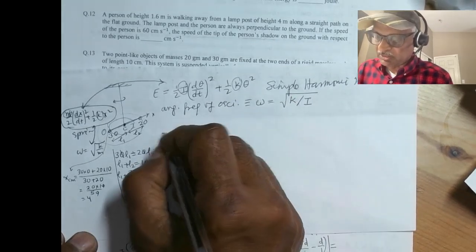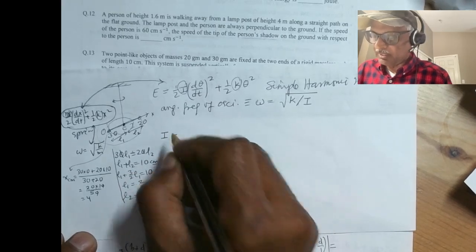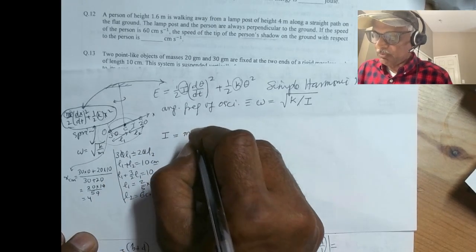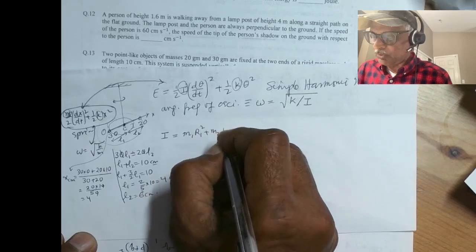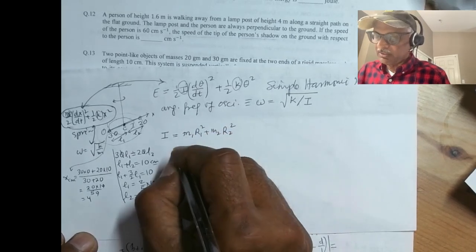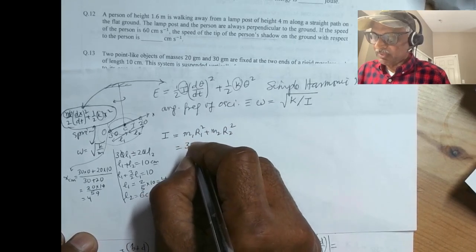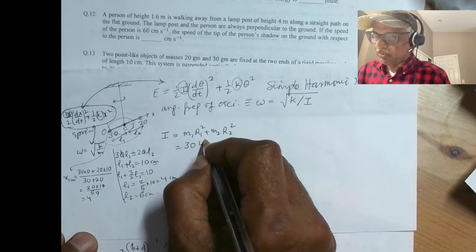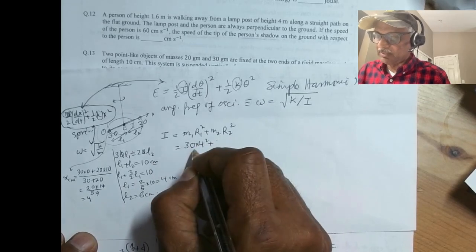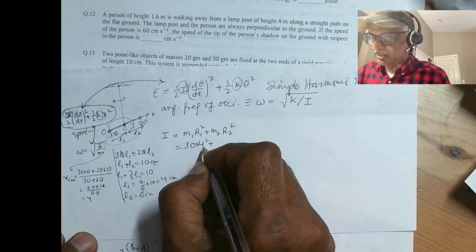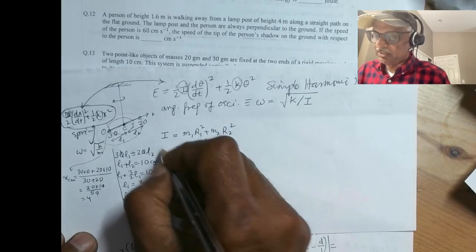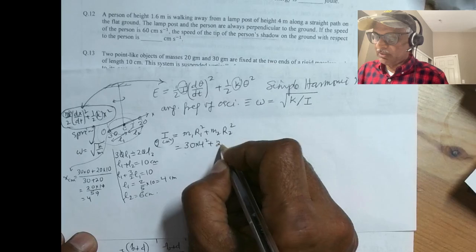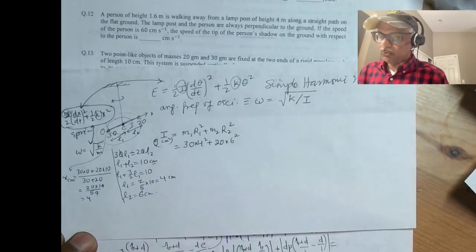So the moment of inertia will simply be m1 r1 squared plus m2 r2 squared, because these are point masses. So m1 is 30 grams and is going at 4 centimeters, squared, so this is in gram centimeter squared units. 20 is at 6 squared.